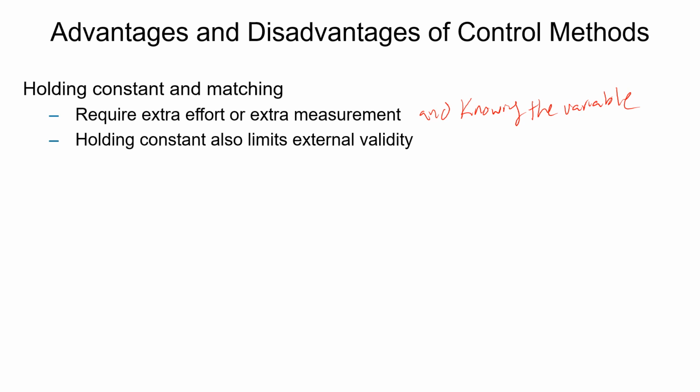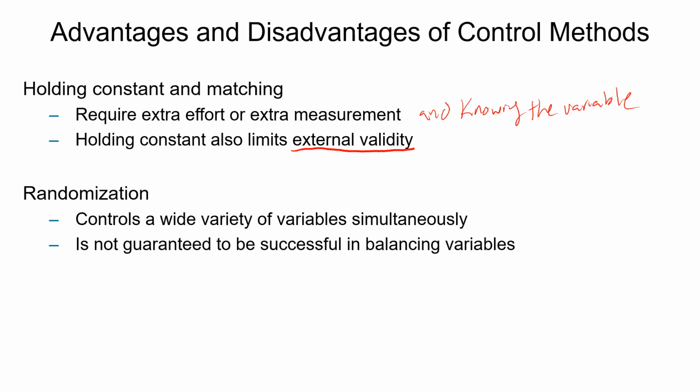Because of that, it limits our external validity. We can't generalize as well to the external population because in our study, we held a variable constant. We matched for a variable. Because of that, we can't generalize to the general population because in the general population, that variable is not held constant. Which gets us to randomization.